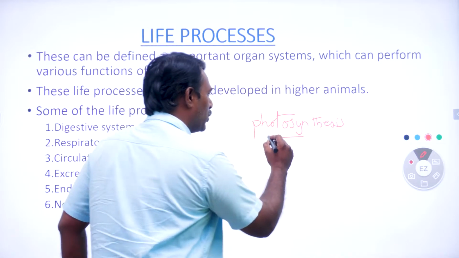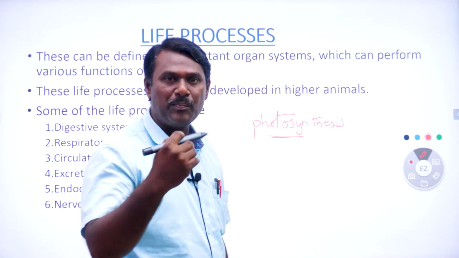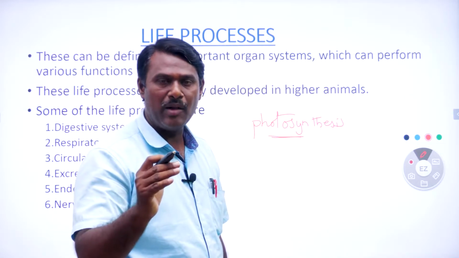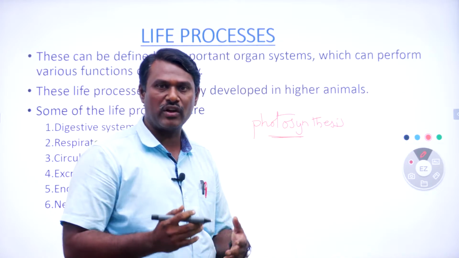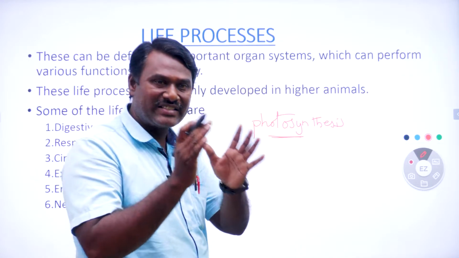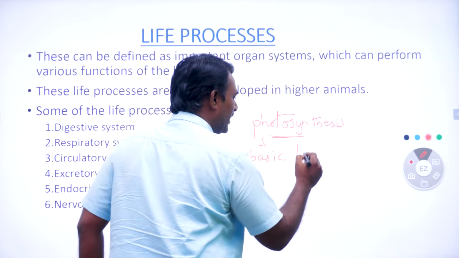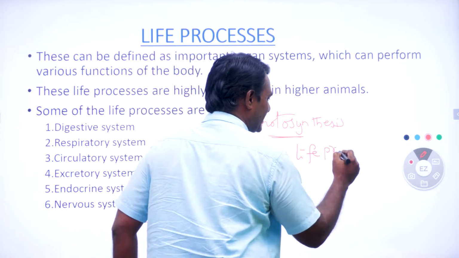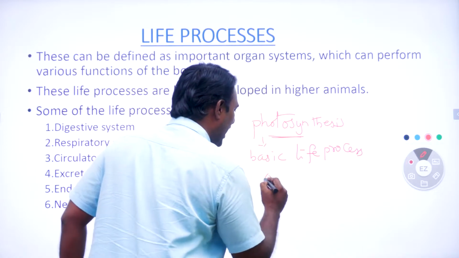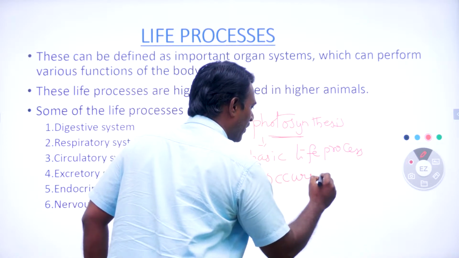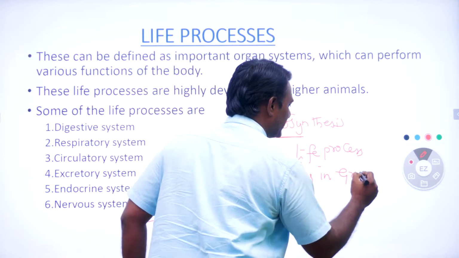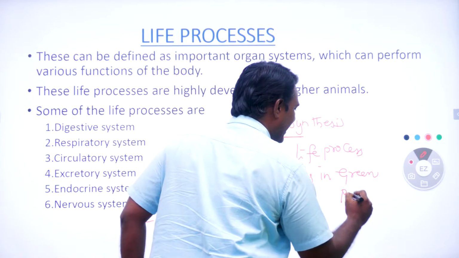Photosynthesis is done in plants with the help of essential factors. Photosynthesis is considered a basic, very important life process which occurs in all green plants.